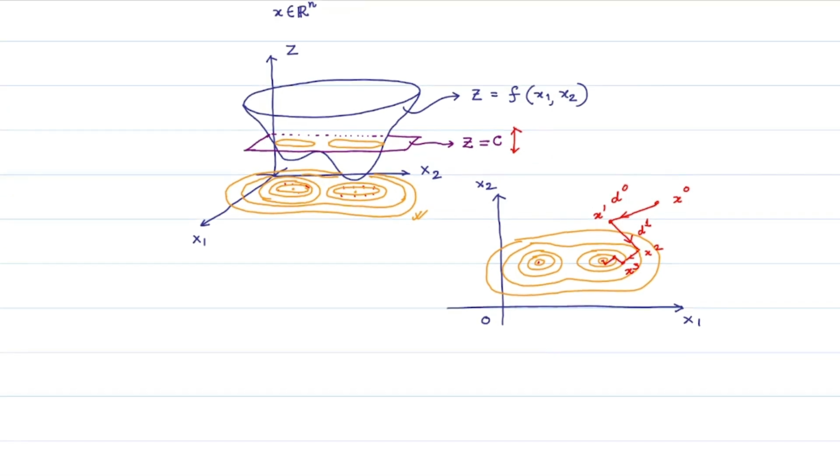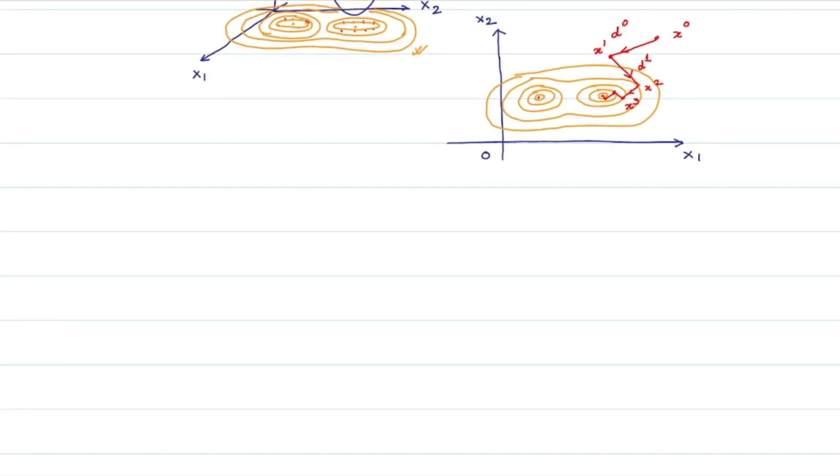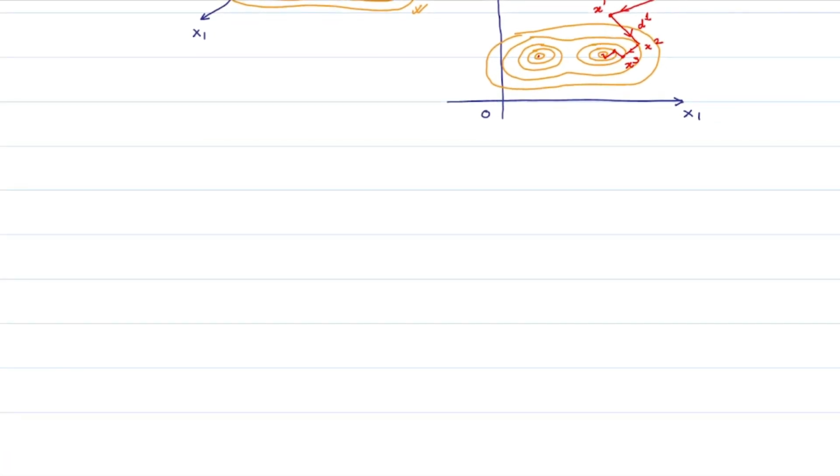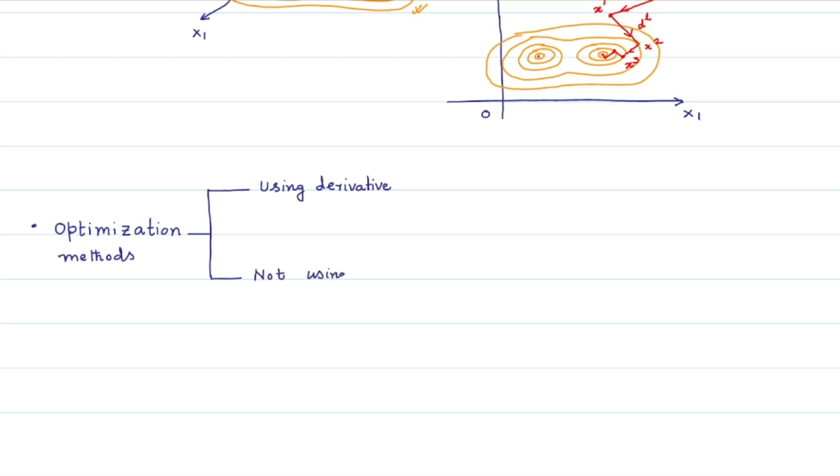The available optimization methods are broadly classified into two parts: the methods using derivatives and the methods not using derivatives. By using derivatives, we mean that in finding the descent directions for the particular method, we use the gradient information or the first order partial derivatives of the function.